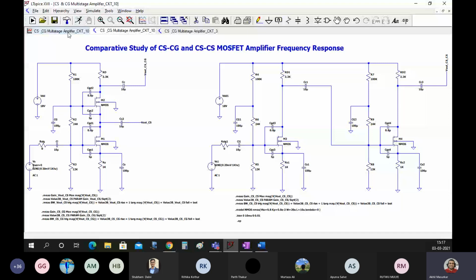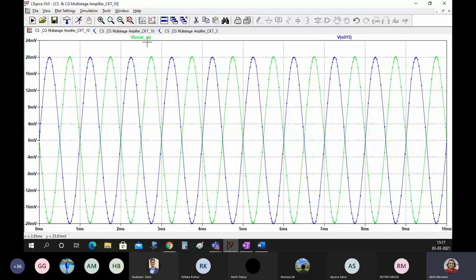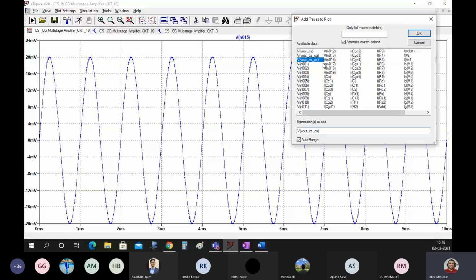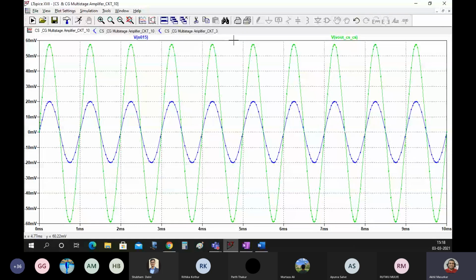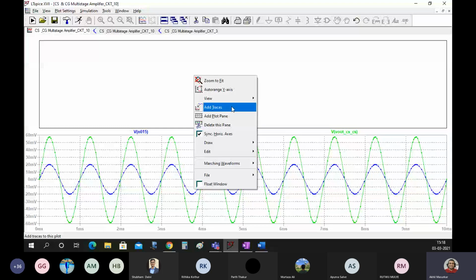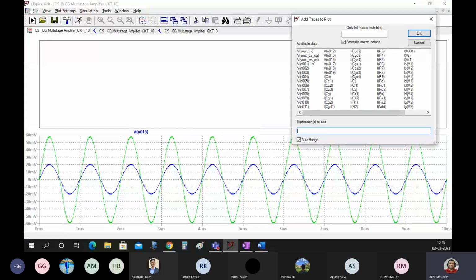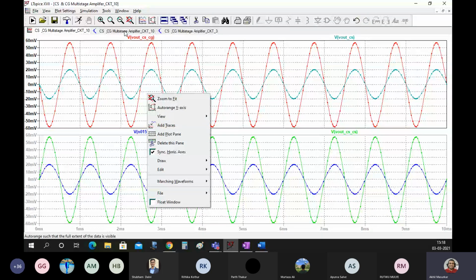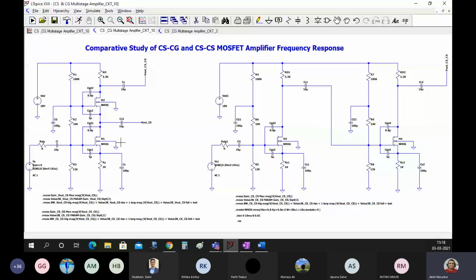So here I'll add Vout CS, and here I'll add Vout CSCG, this thing, and we would also like to add the input.